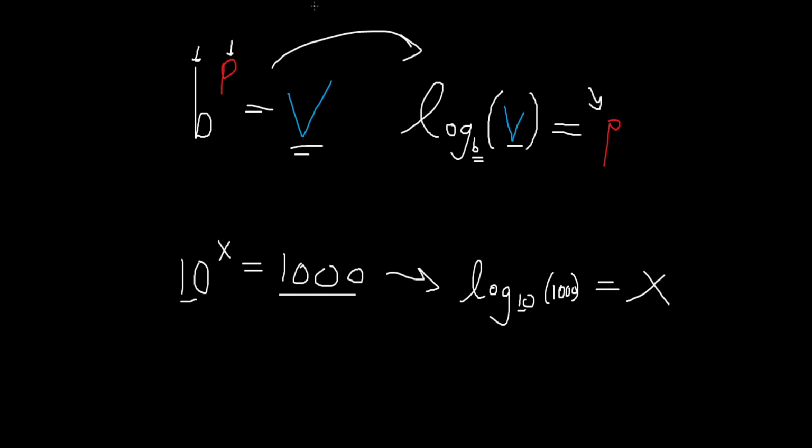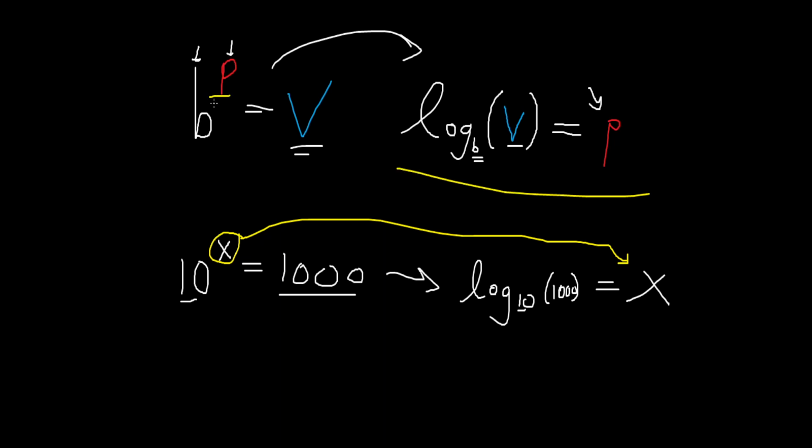So now we've turned a variable in the power into a variable that we can solve for. And this is what logarithms are really good at. Whenever the power is a variable, we can just figure out what it is using a logarithm. In this case, the question being asked is how many 10s do I need to multiply in order to get 1,000? Well, 10 times 10 is 100, so we need to go a little bit farther.